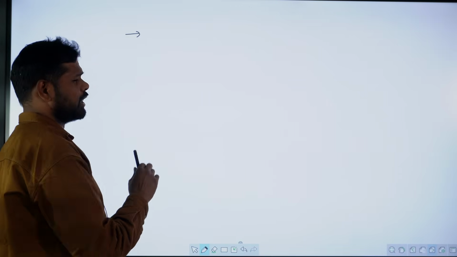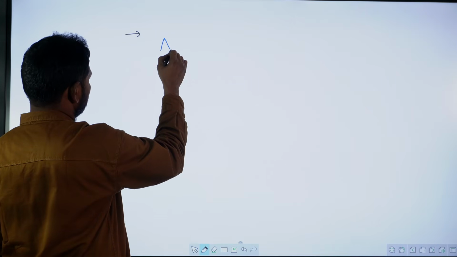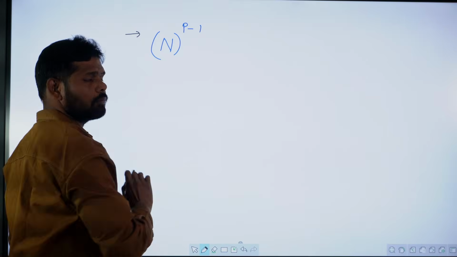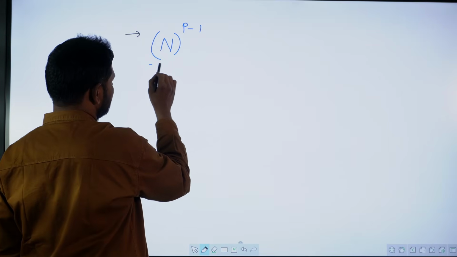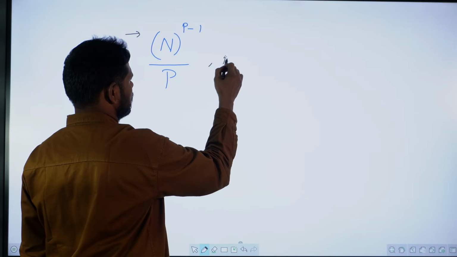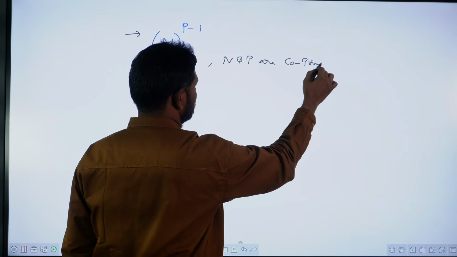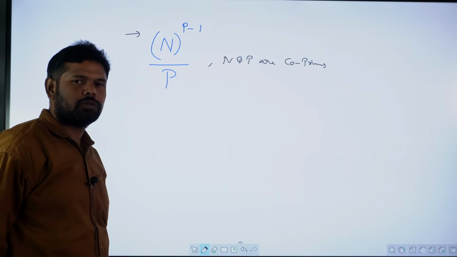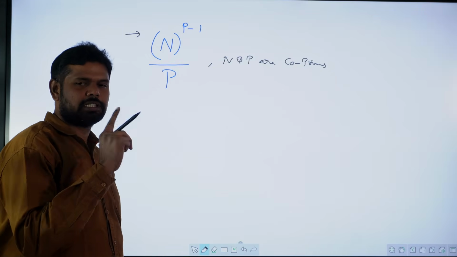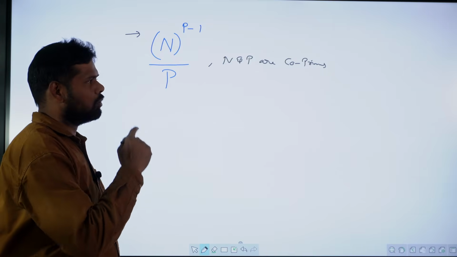Otherwise, there is no need. One more: any number of the form n to the power p minus 1 is divided by p, where n and p are co-primes. Co-primes means the two numbers have only 1 as a common factor, that is, the HCF of the two numbers is 1. Those are called co-primes.